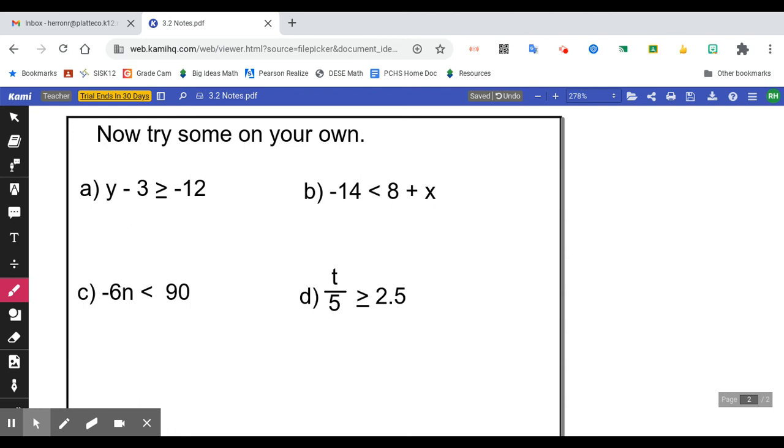Okay, hopefully this is becoming routine. I'm just going to go through these real quick. Y is greater than or equal to negative 9. If I graph this, counting up, close circle, greater than is to the right. Over here we would have, subtract 8 from both sides.